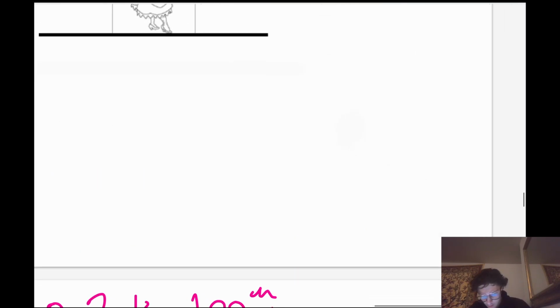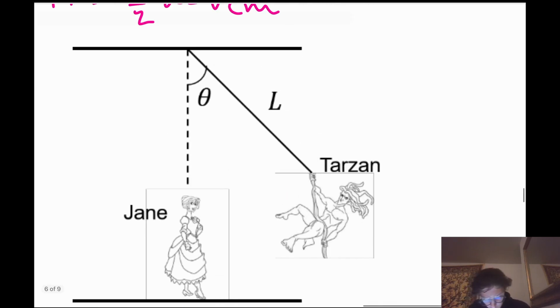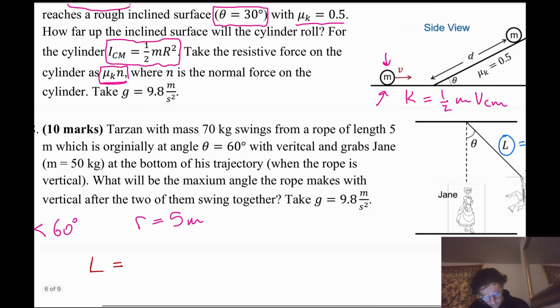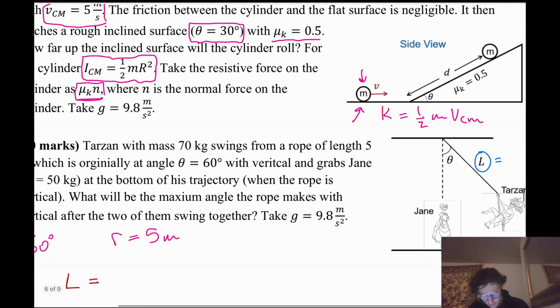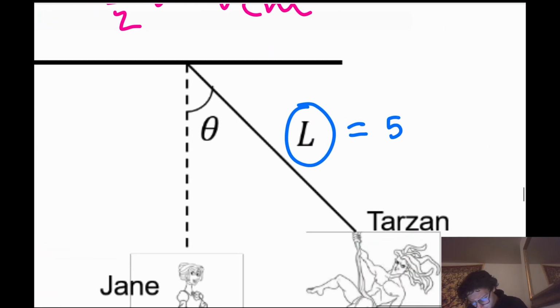I'm going to zoom in and do a lot of work right here. So U_G initial of Tarzan is equal to, how do we find the U_G? There's going to be some trigonometry going on here. So we have L, right? L is equal to 5 meters and 60 degrees.